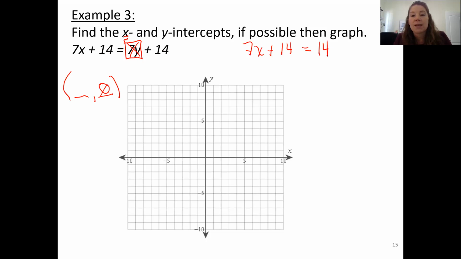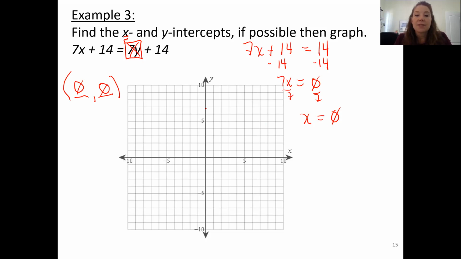14. So I want x by itself. So I'm going to subtract 14 from both sides. So I get 7x equals 0. And then I'm going to divide both sides by 7. So 0 divided by 7, I know that it equals 0.